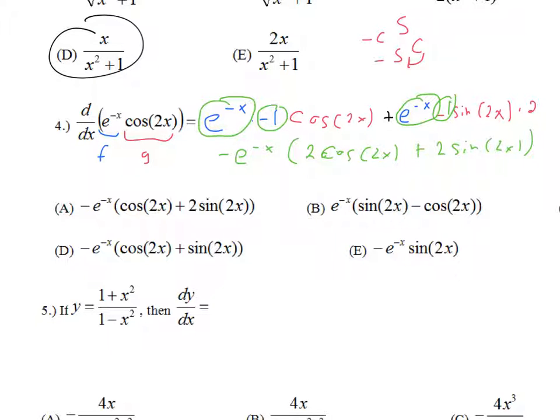Now, this cannot be factored out because it's embedded inside those trig functions. So the only thing I can factor out are those standalone terms. What is this? Negative e to the negative x times cosine 2x plus 2 sine 2x, looks like A.